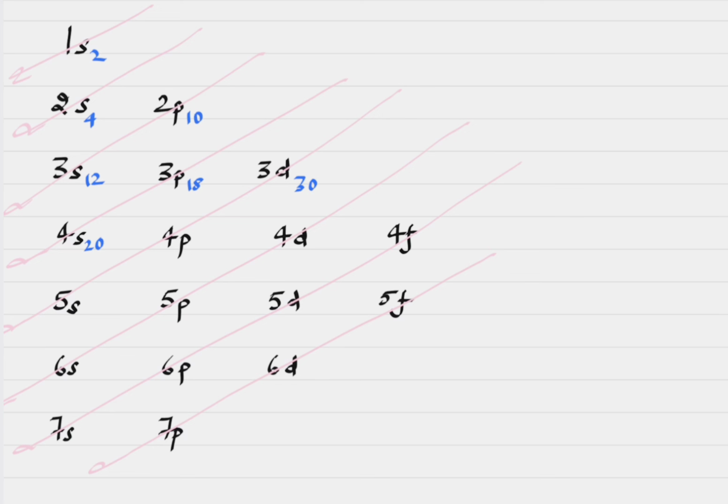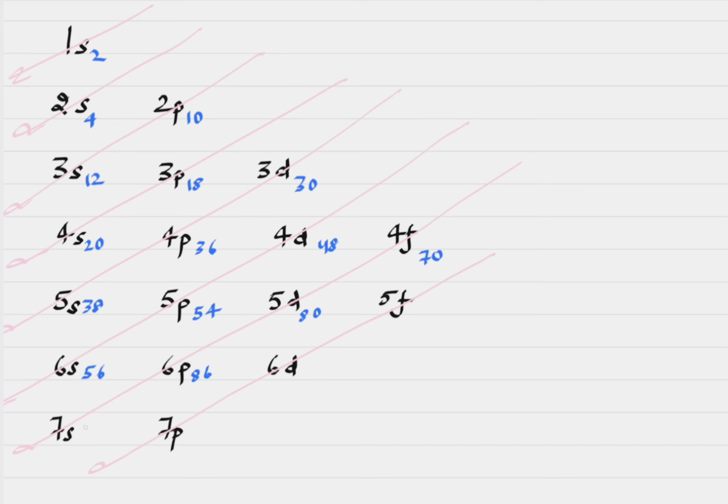Then 30, 36, 38, 48, 54, 56, 70. 70 because 4f, or f orbitals, can hold a maximum of 14 electrons. So 56 plus 14 is 70. Then 80 because d can hold a maximum of 10 electrons.